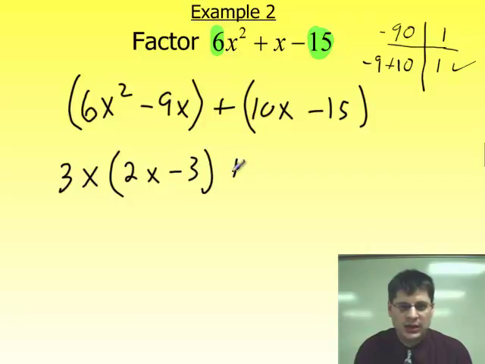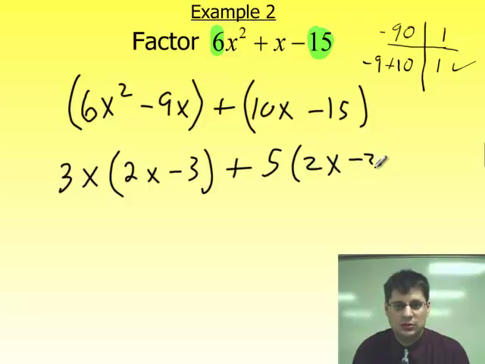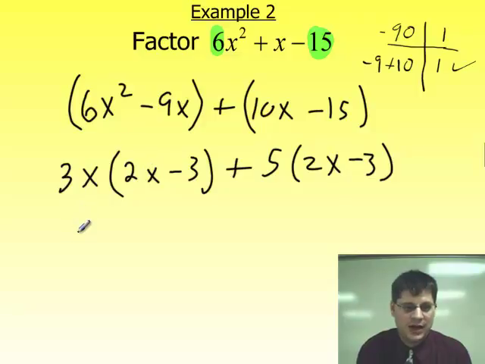If I do this right, what's left in the parentheses of the second one should be the same. So I can pull out a 5 here, which leaves me with 2x minus 3. And we got the same thing in the parentheses, which means I can factor that out, leaving me with 2x minus 3. And then what do I have left?